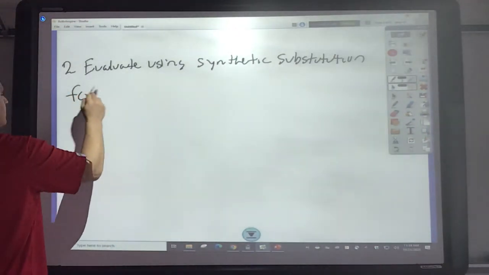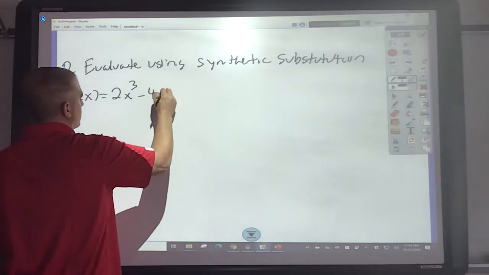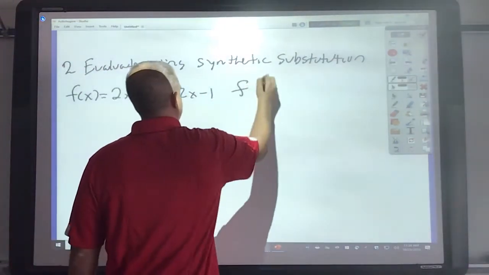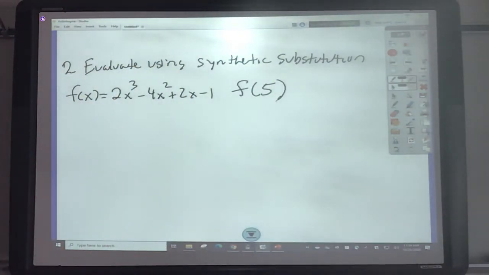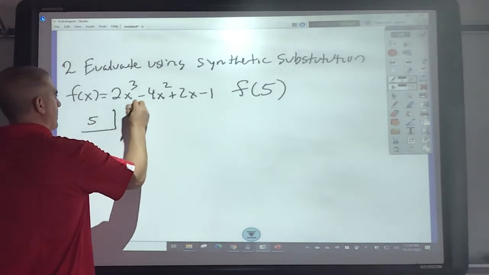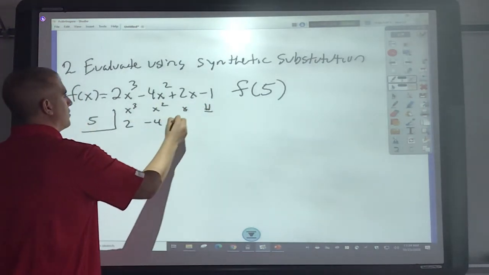Let's say f of x is 2x cubed minus 4x squared plus 2x minus 1, and we're going to find f of 5. Okay? Go ahead and pause your video and work through that. Go ahead and unpause. So what I would do is I put 5 here, x cubed, x squared, x, number, 2, negative 4, 2, negative 1.